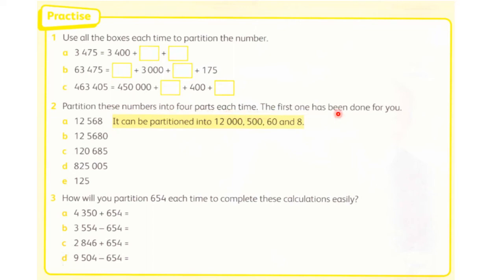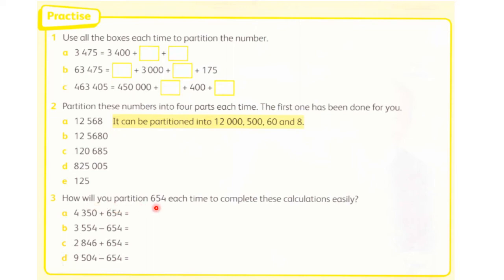The first one has been done for you. So you can have 4 partitions to your number. Pay attention with E, which has hundreds, tens, and ones. That's 3 positions, so here you will have to use decimals to make your partition. 3.